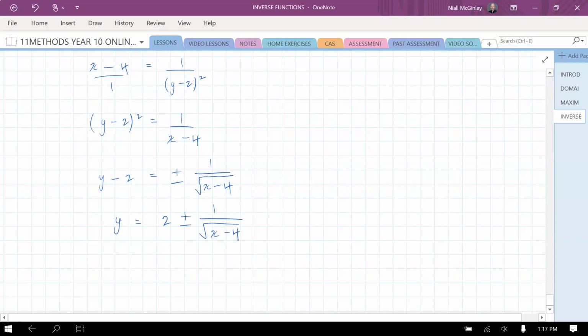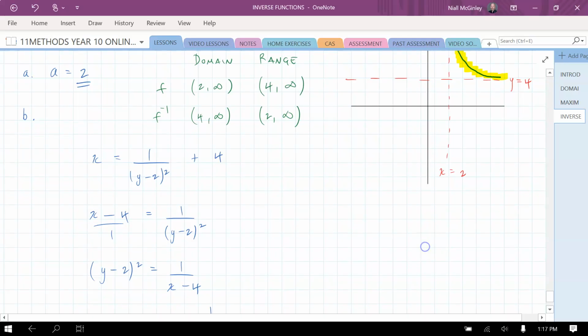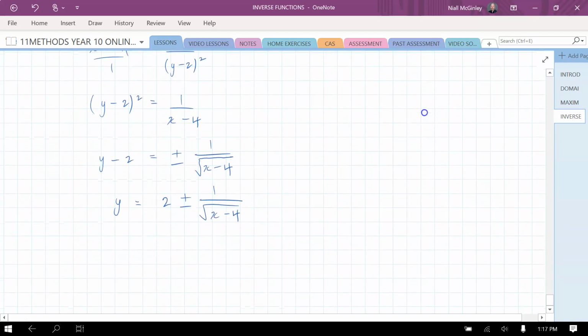Now again, you'll notice here, just like we did with the quadratic, we've actually worked out 2 inverse functions. So, same theory here, the best way is just to look at what the range is. What is the range of your inverse function? Well, the range is 2 to infinity.